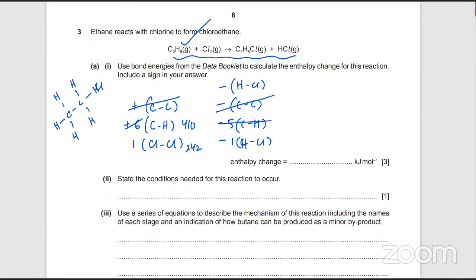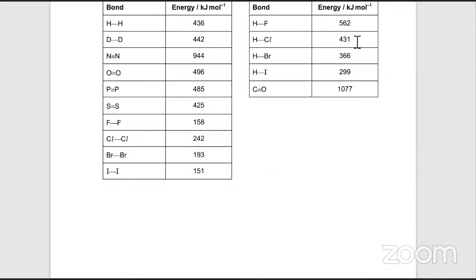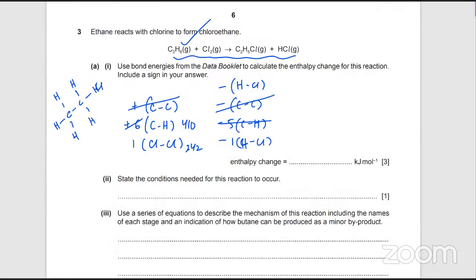Then HCl, you need that. HCl is 431, and that will be minus. No, sorry, this was CCl, sorry. HCl is on top. And then you had CCl. CCl is what?